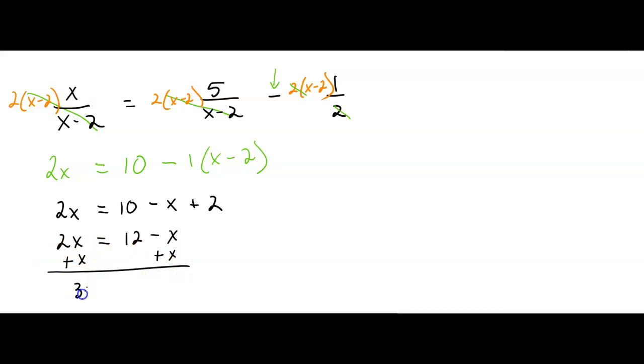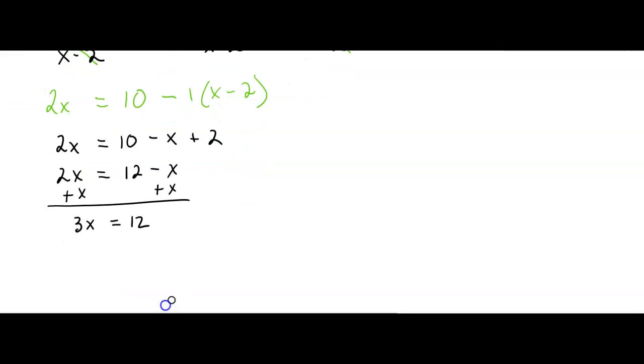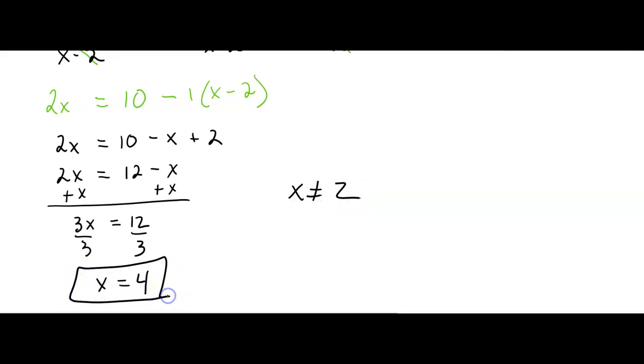I get 3x equals 12. And if I divide by 3, you don't have to write it, but you can. X equals 4. Now am I allowed to have 4 for an answer? Yeah, x couldn't be 2. My excluded value was x could not be 2, but 4 is okay. All right, so those are those two problems.